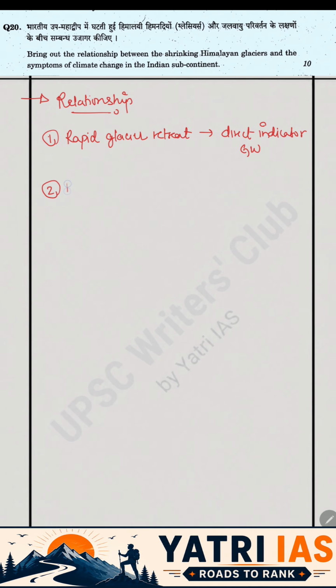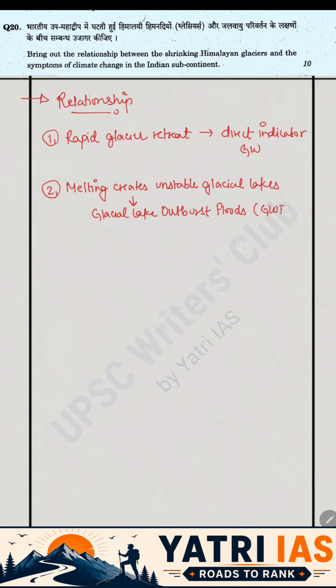Then you would mention melting creates unstable glacial lakes and often leading to glacial lake outburst floods in Himalayan regions, GLOFs. They are increasing.